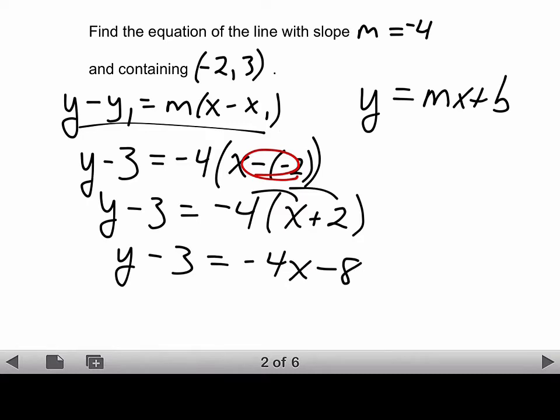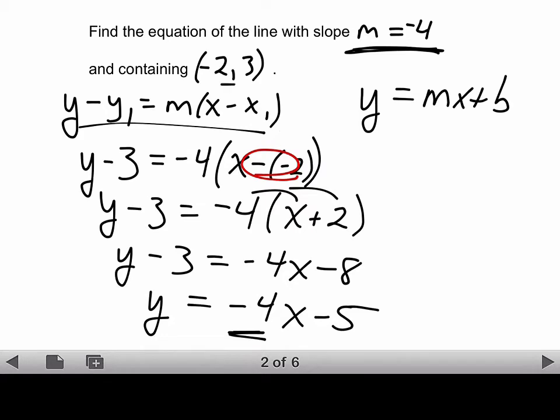And finally, adding 3 to both sides gives us y equals -4x minus 5. If I wanted to check that this were correct, I would verify that I have the correct slope, -4, and I would want to make sure that (-2, 3), when in place of x and y, actually yields a true statement.